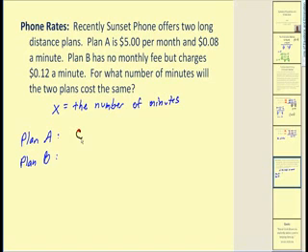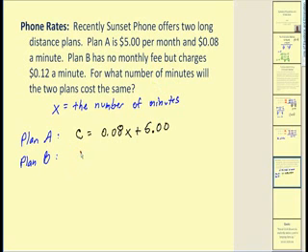So if we let C equal the total cost for the month for Plan A, we have a fixed cost of $5 and a variable cost of 8 cents per minute. So to find the total cost for the month, we'd have to take the cost per minute, multiply it by the number of minutes, which is x, and then add the fixed cost of $5.